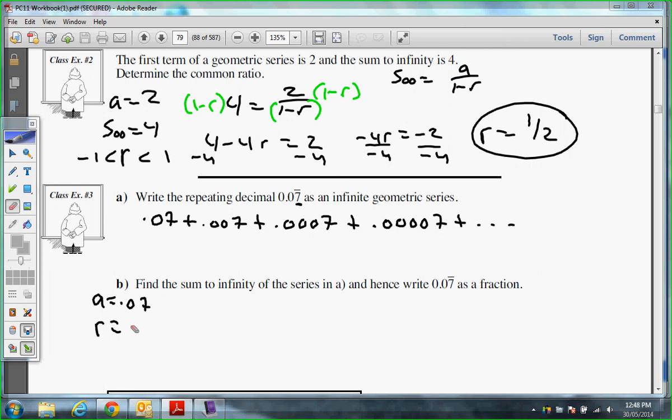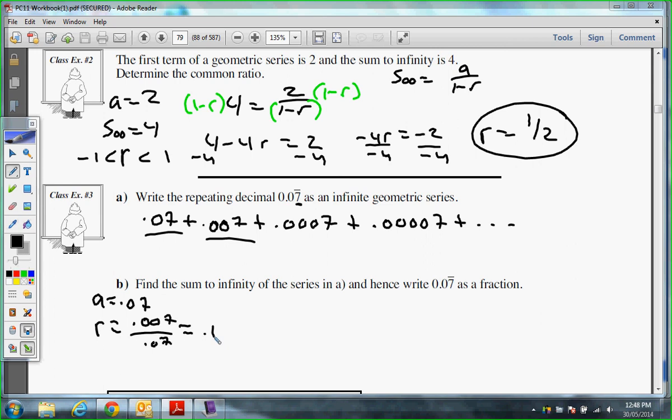So I want to go this one divided by that one, T2 divided by T1. 0.007 divided by 0.07 gives me, I believe it was 9? 0.1, sorry. 0.1. So my R is 0.1.